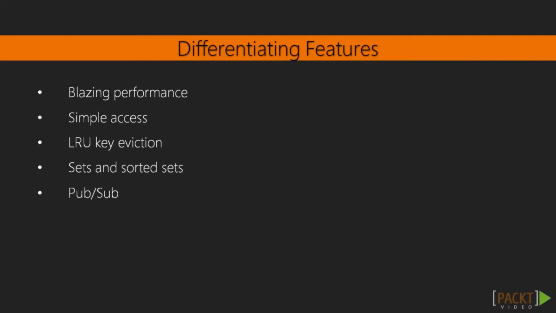But we also have features like least recently used key eviction and timeout of data. We have sets and sorted sets that allow you to do things like intersect and union and have the capabilities to select a slice of data based on sorting criteria. And then we have a publish subscribe mechanism.